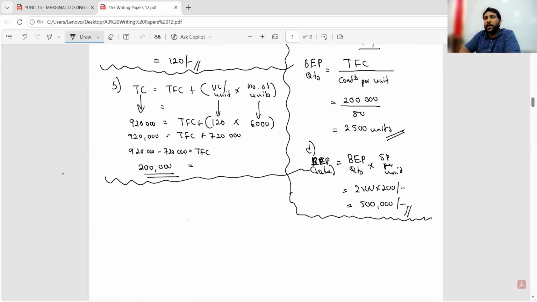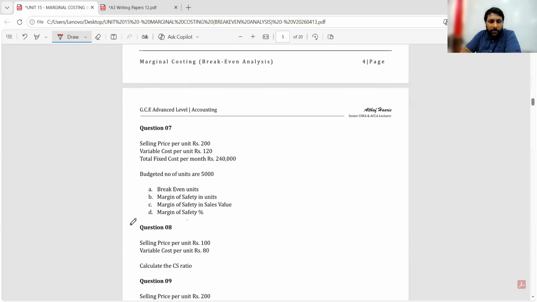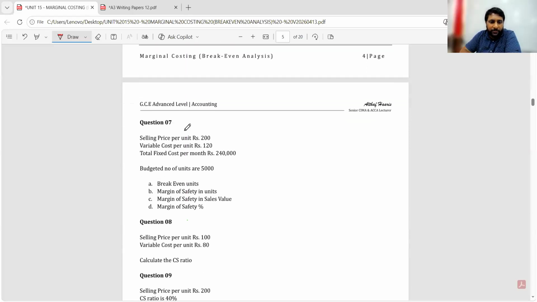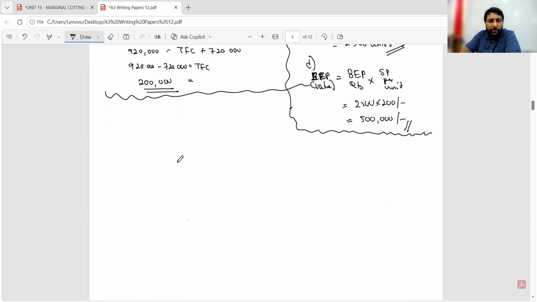Done. Good. Then now we'll move to the next question. Question 7. First they ask for the break-even units. Before finding the break-even units, you have to find the contribution per unit.